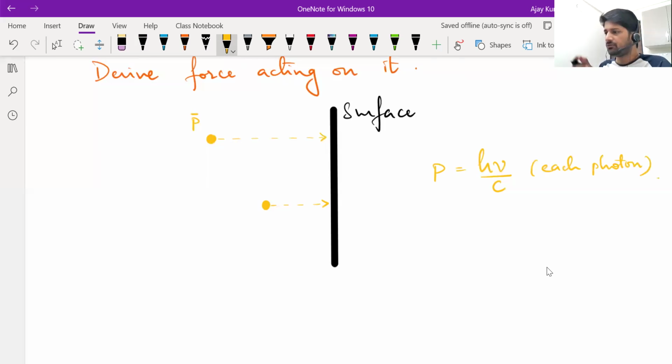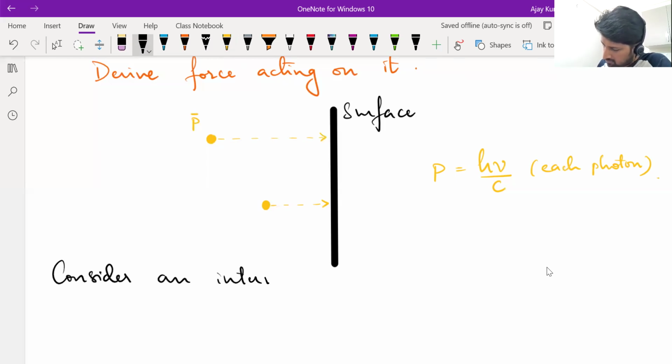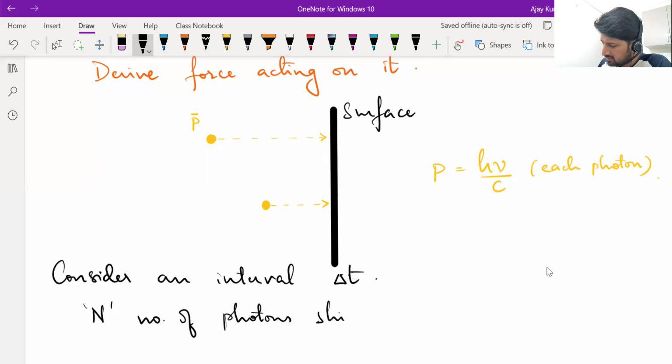Whenever one photon strikes the surface and gets absorbed by it, this much momentum is received by the surface. Now consider an interval delta t. In that interval delta t, assume capital N number of photons strike the surface. If you want, you can take unit time itself, an interval of 1 second, since they have given you in the question how many photons strike per second.